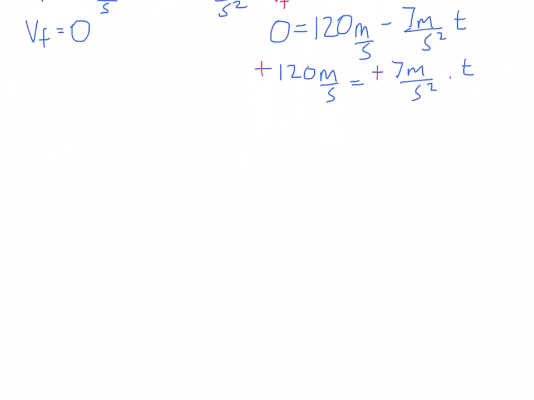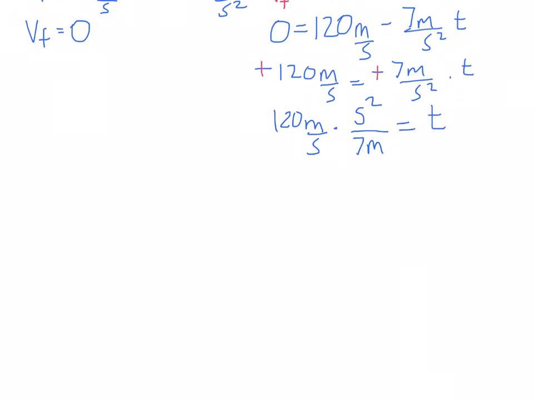And next we're going to divide by 7 meters per second squared on both sides. So I'm left with 120 meters per second, and when you divide, you can also multiply by the reciprocal, which is 7 in the denominator, with 7 meters per second squared going into the numerator, and that's equal to the time.